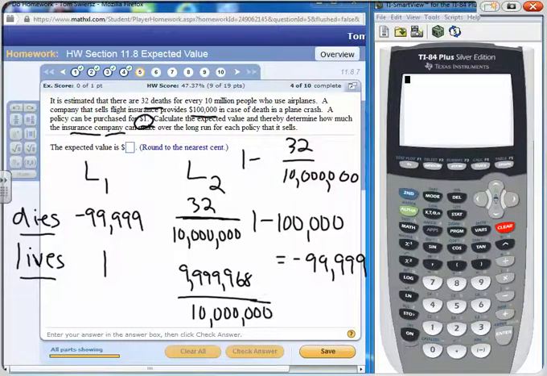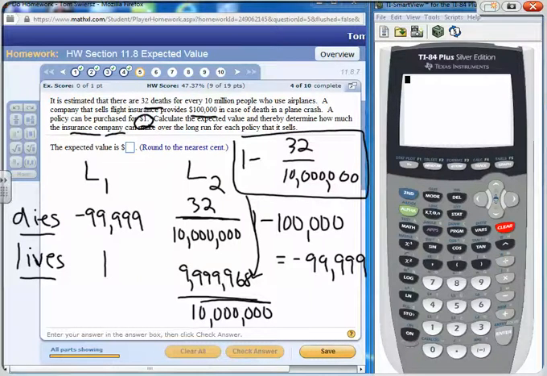Now, you can do that on the calculator, or when we do our list, we can just do 1 minus this number, and it'll automatically get that value for us. So we don't have to worry about calculating that. Okay, so let's go ahead and do our math using the calculator and see if we get the correct answers.